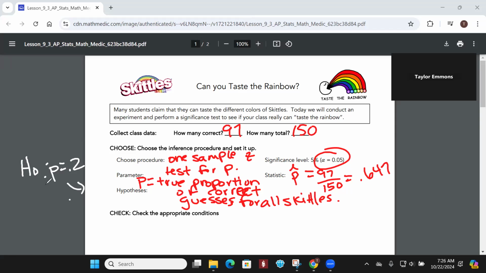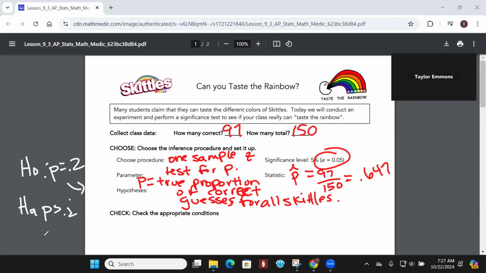And let's say that HA is P is greater than 0.2. And we already have evidence for our alternative hypothesis because when we did our sample, we got 0.647.